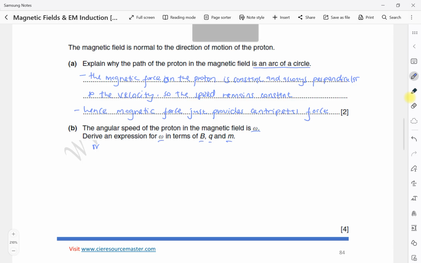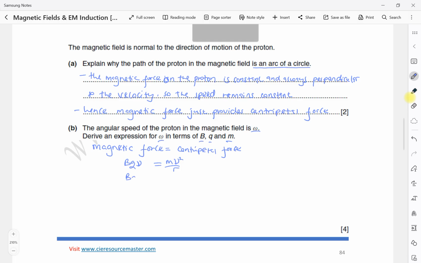So we have already said the magnetic force provides centripetal force. So I'll equate magnetic force to the centripetal force. The magnetic force is given by BQv. Centripetal force is mv squared over r.